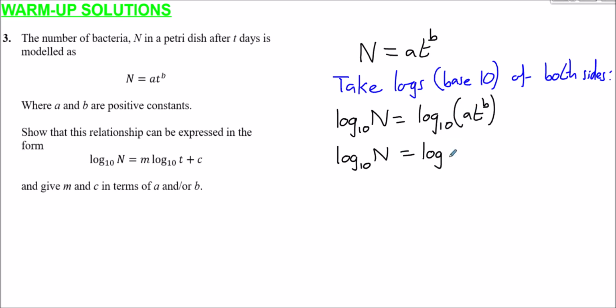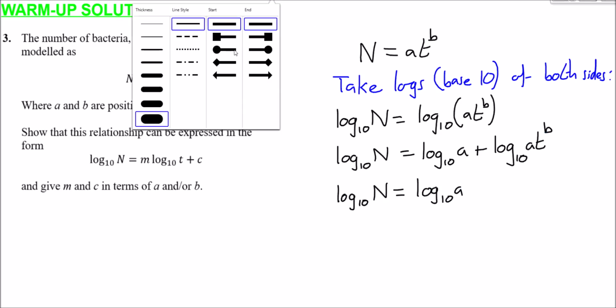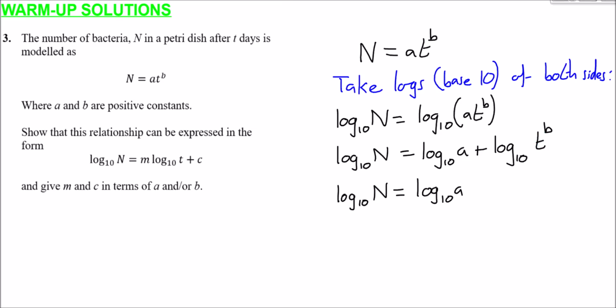So this can be split into log₁₀ of a plus log₁₀ of t^b. Whoops, sorry, my mistake, silly. We've already taken logs there, so that just becomes like so. So just have log₁₀ t^b, apologies.